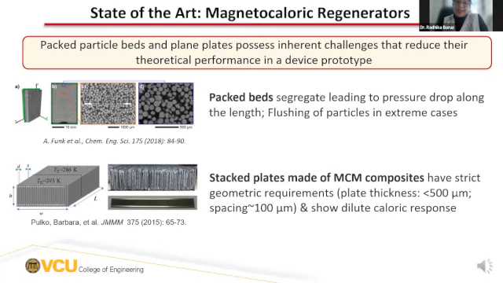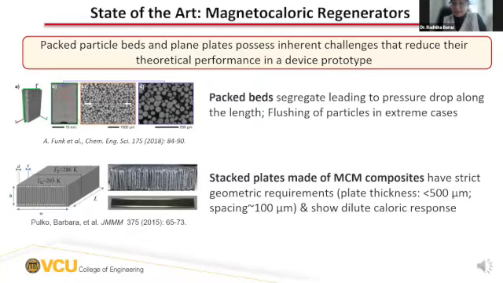Stacked plates are essentially composites, so they are made up of the magnetocaloric material bound together with epoxy. They also have very strict geometric requirements, like a plate thickness of less than 500 micrometers, spaced 100 micrometers apart. And it doesn't really work that well.